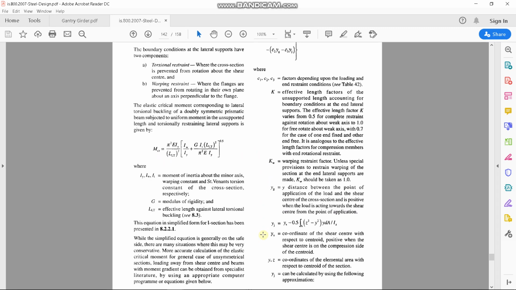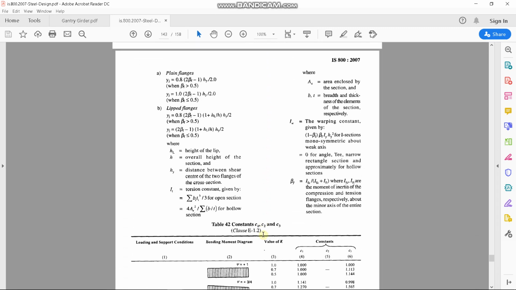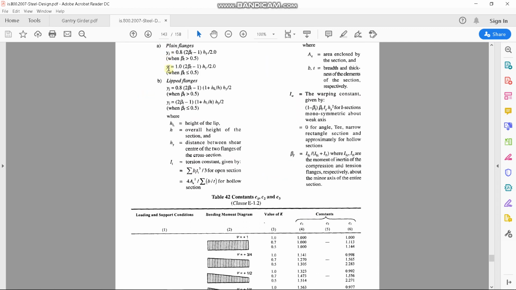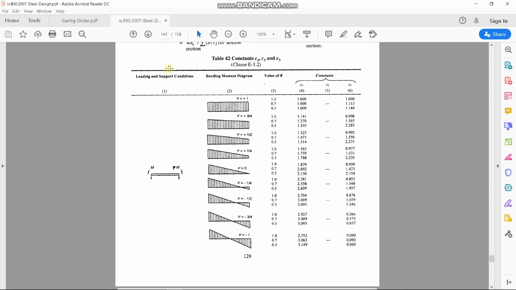Let's try to find out what C1 is in this case. If you see this Table 42, for different bending moment diagrams and support conditions, the values of C1, C2, C3 are provided.